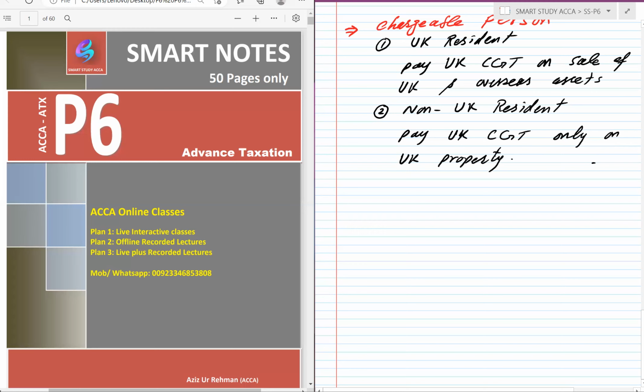That is the only asset which is chargeable. So if an individual is non-UK resident, he will pay CGT in UK, but only on his UK property.